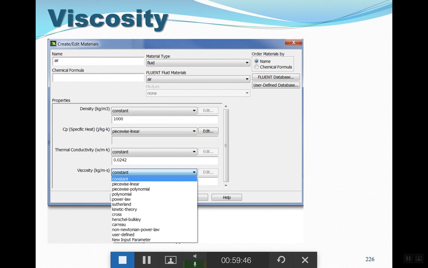But if for any specific case you have to use viscosity as non-constant, as a non-Newtonian, there are many models in here that you can choose between that will be applied to your system. And again, if none of these models suits your system, you can go with the user-defined functions.